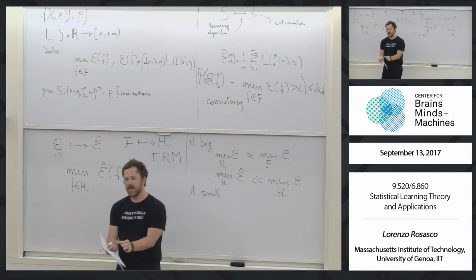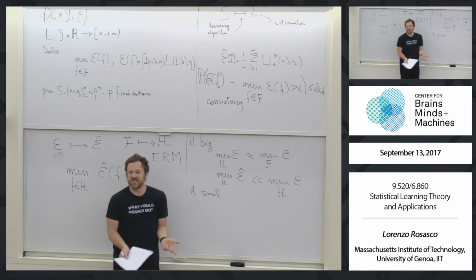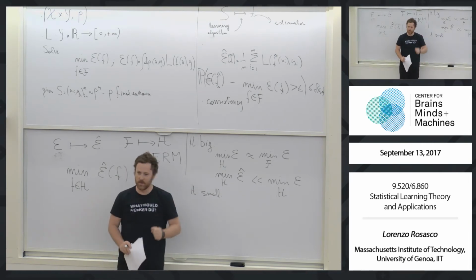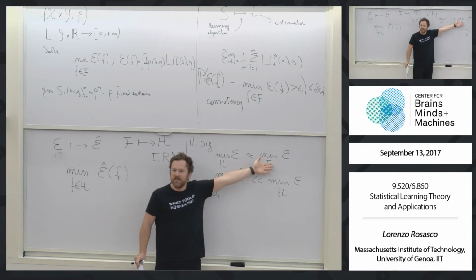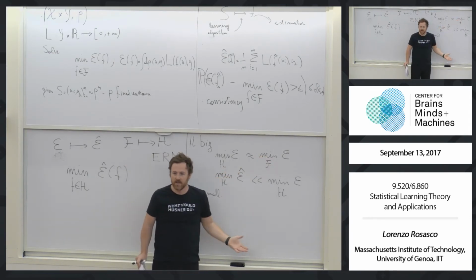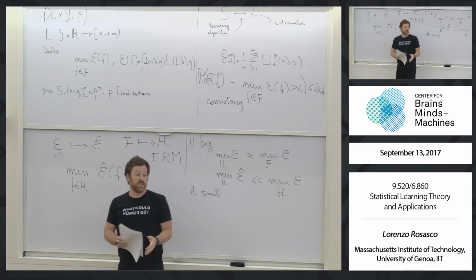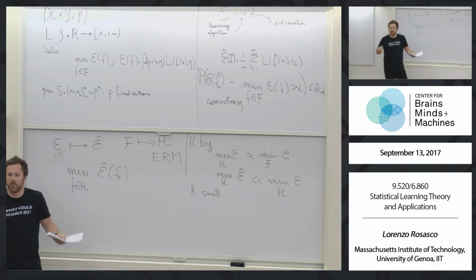If you take H small, you get the other way around. Likely these two problems are going to be very similar because you have very few functions to look into, the opposite of what I was saying a minute ago. On the other hand, your right function might not be there. And if it's not there, you don't find it. So the moment you start thinking about this space, what is called the hypothesis space, the space where you pick a hypothesis, you have to worry about how big or small it has to be.